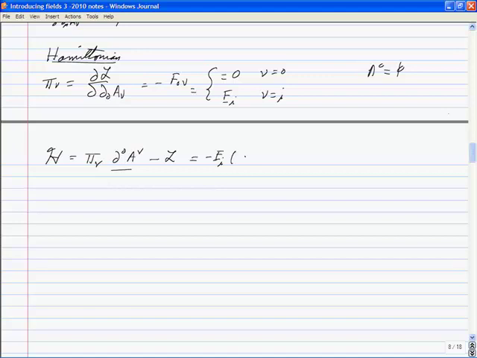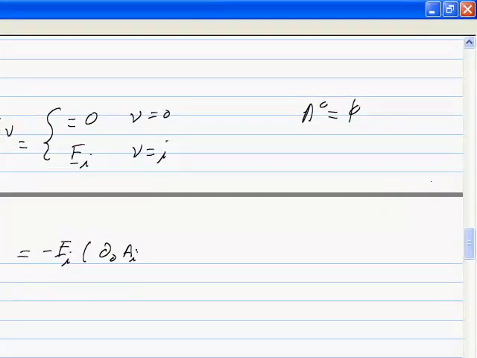So the nu piece, the 0 piece, vanished. And I'm going to do the following: I'm going to subtract del phi and add del phi.